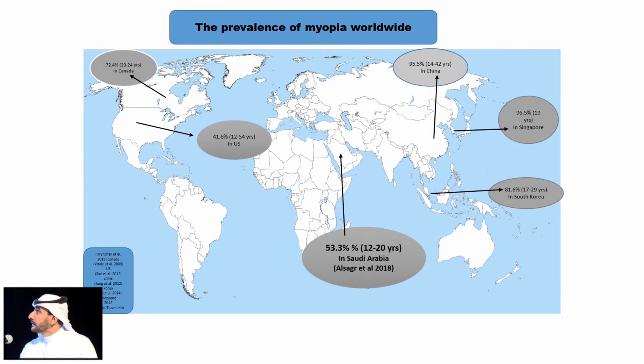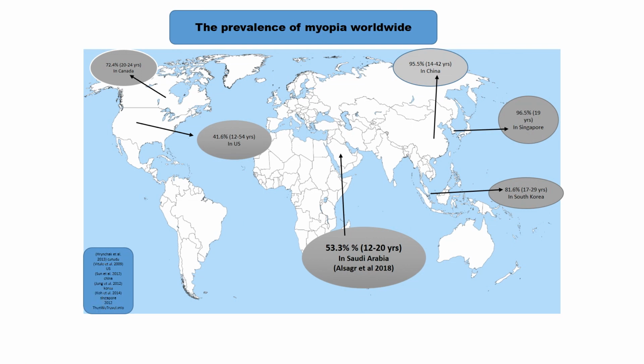As you see, the prevalence of myopia in Canada is 72%, in the United States 41%, and a recent study in Saudi Arabia in 2018, by Dr. Al-Sagar at King Saud University, found that the prevalence of myopia was 53% in the age group from 12 to 20.